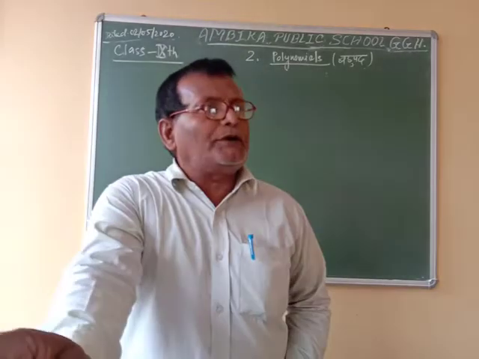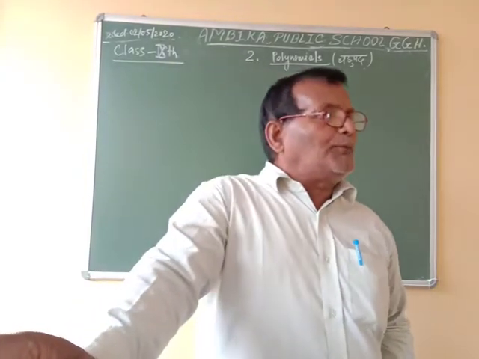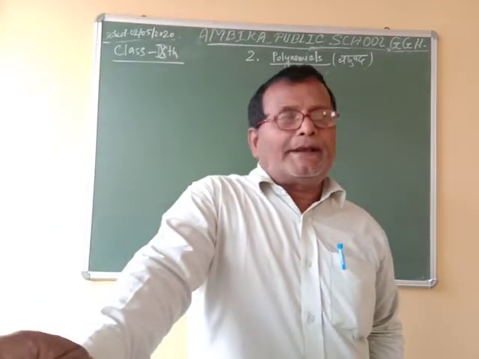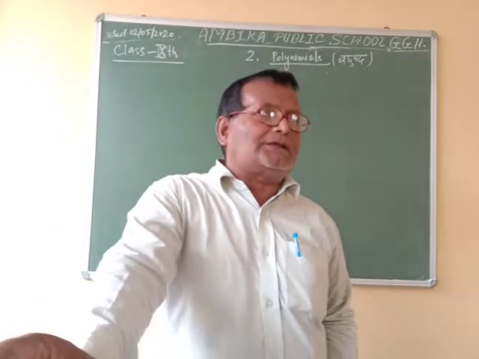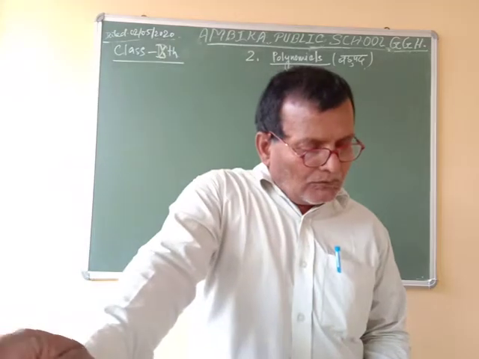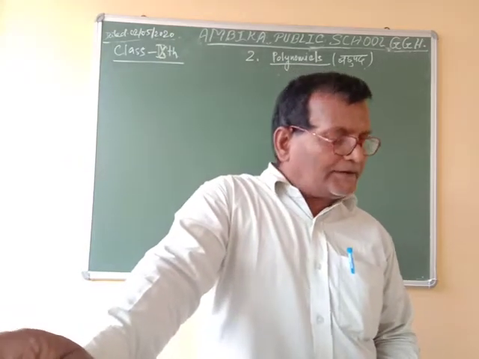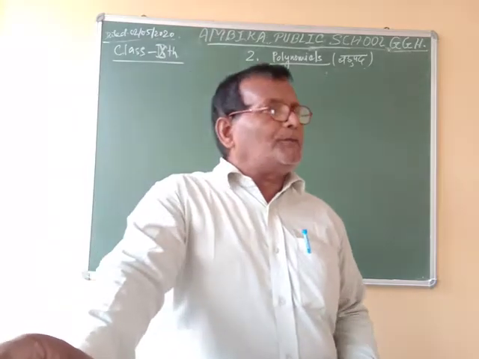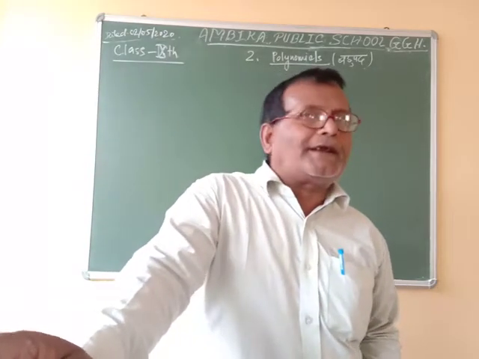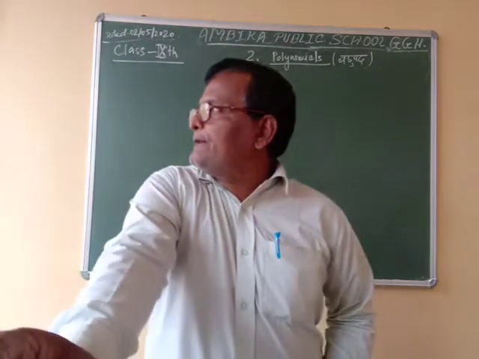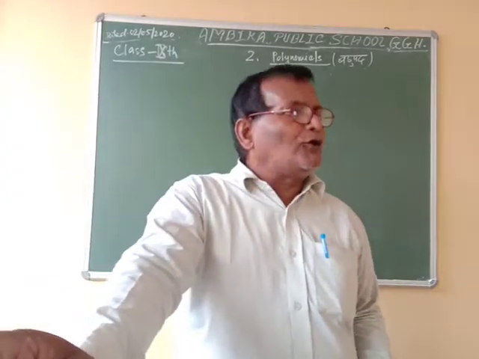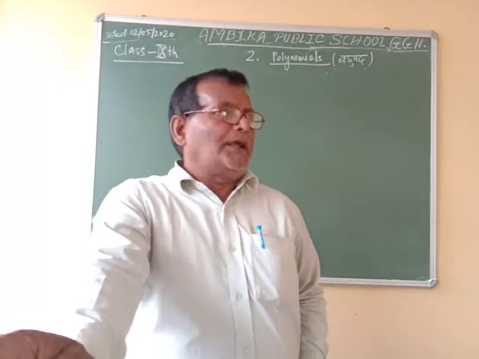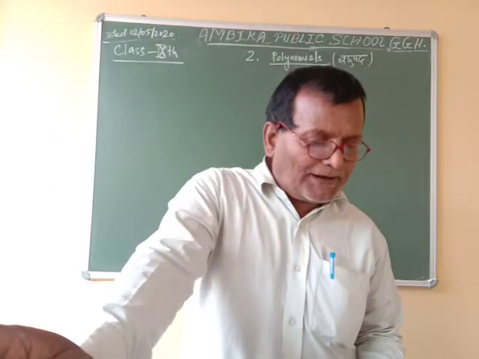As for linear polynomial, a polynomial of degree 1 is called a linear polynomial. रैखिक बहुपद कहते हैं, जिस बहुपद का घात एक हो उसे हम रैखिक बहुपद कहते हैं, linear polynomial. And a polynomial of degree 2 is called a quadratic polynomial. A polynomial of degree 3 is called a cubic polynomial. A polynomial of degree 4 is called a biquadratic polynomial.